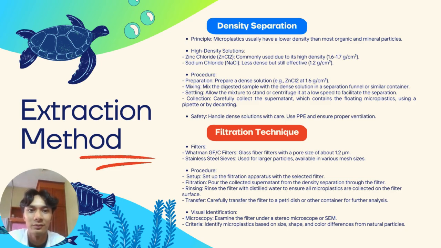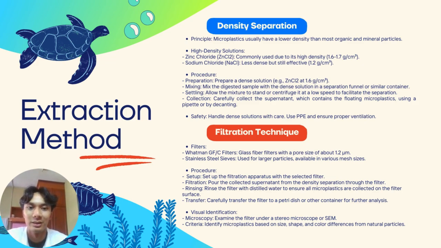So the procedure for this method is, firstly, in the preparation we must prepare a dense solution such as zinc chloride, and then we must do the mixing. Mix the digested sample with the dense solution in a separation funnel or similar container. Next, we must let the settling happen by allowing the mixture to stand or centrifuge it at a low speed to facilitate the separation.